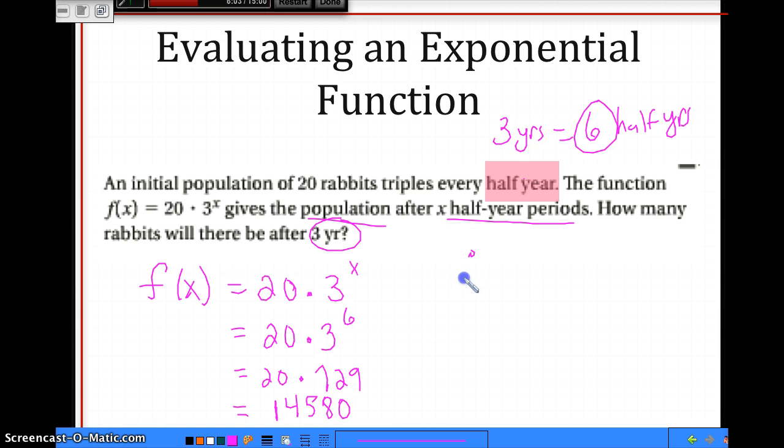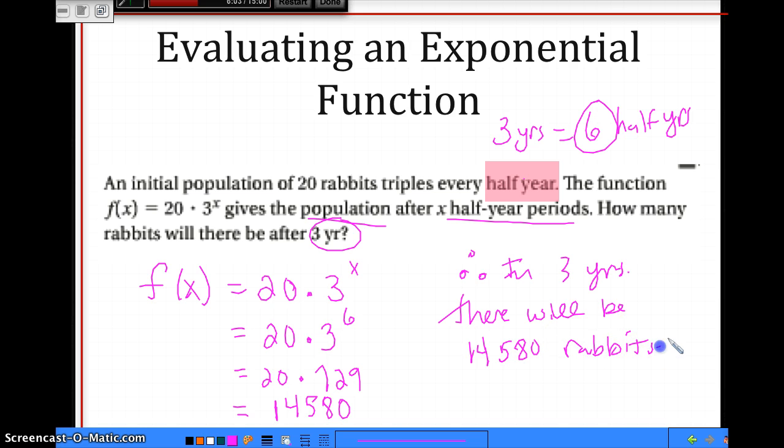So therefore, in 3 years, there will be 14,580 rabbits.